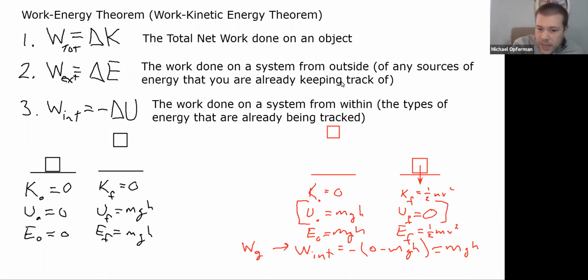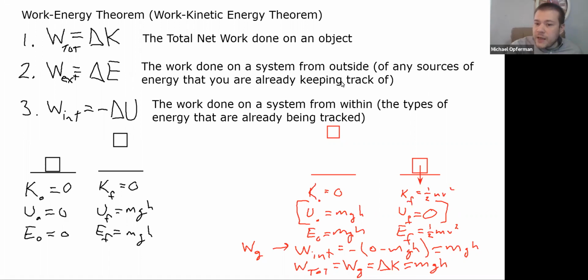So I can also say that the total work done on the system is the same as the work done by gravity because it's the only thing doing work here. And that's going to be delta K by principle number 1 up above. The total work done on the system is equal to the change in kinetic energy. So I get the result that the change in kinetic energy is equal to mgh.